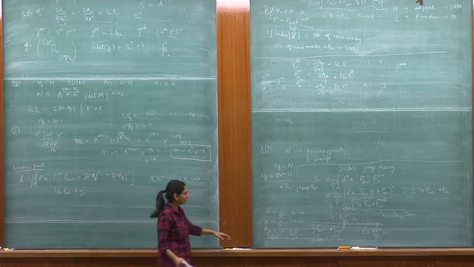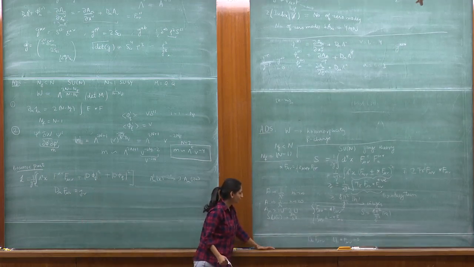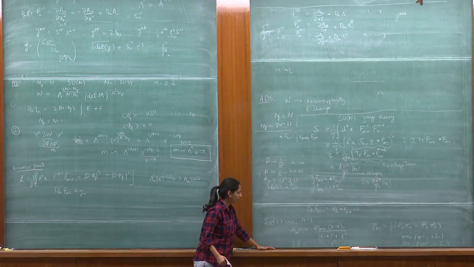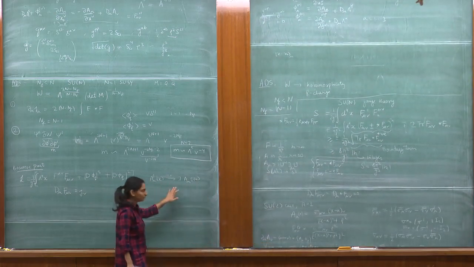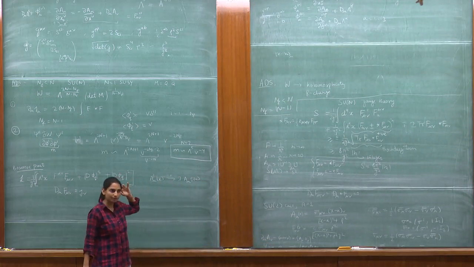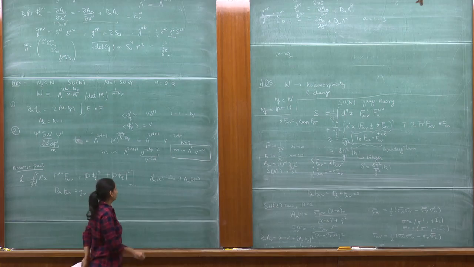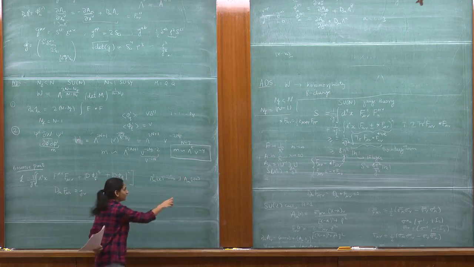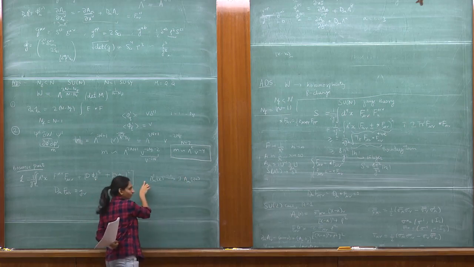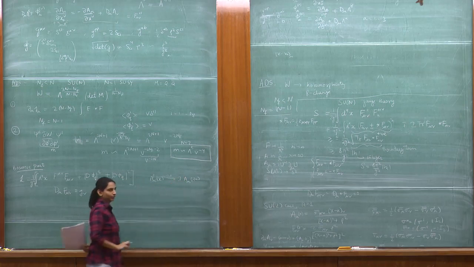Yeah, please go. You are saying A_mu is 1 by x, so maybe it's lambda inverse. If you are doing the dimensional thing, it's right, because there is a lambda inside, so there is a 1 by lambda that will come out.